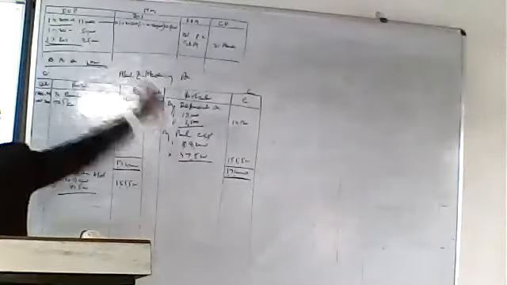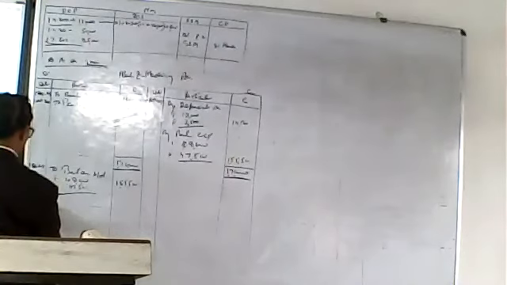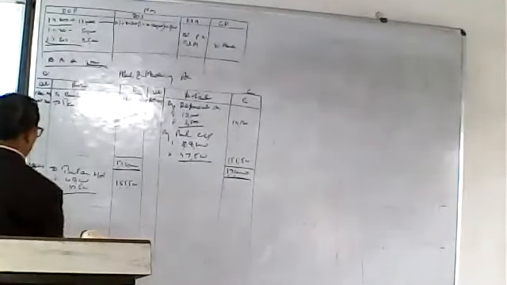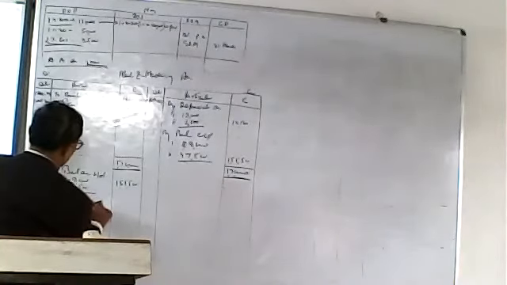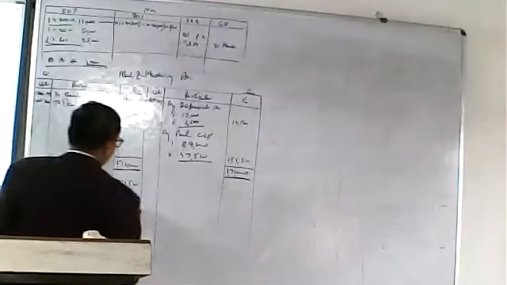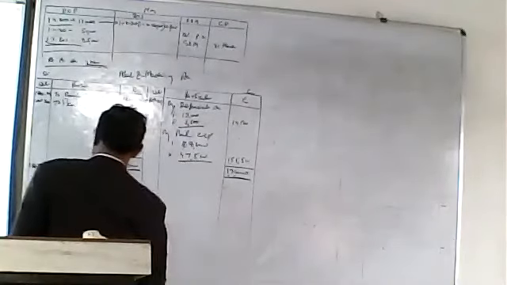In this year, on 1st July 2011, you have purchased a third machinery for 25,000.